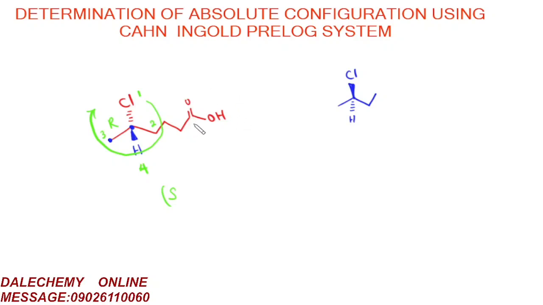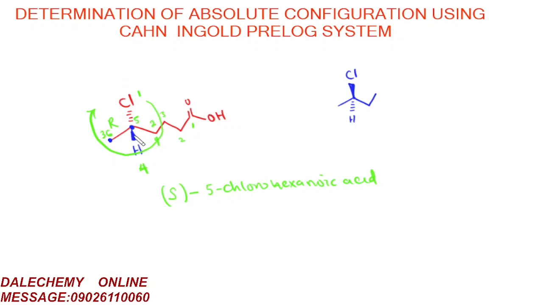You are going to name from here: 1, 2, 3, 4, 5, 6. So this is going to be hexanoic acid. And at position 5, we have our chlorine. So that's going to be 5-chloro hexanoic acid.